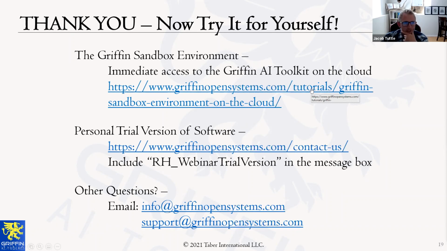The first is we have available on the cloud a ready-to-go software installation, and we call it our Griffin Sandbox, really somewhere for anybody to get on, play around with the system, and experiment with dragging and dropping blocks and control logic.